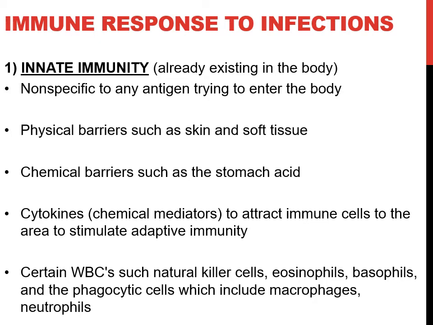And some of the white blood cells are part of the innate immune system, such as neutrophils. Don't worry if this doesn't make complete sense right now. It will later on. Okay? So think of the innate system as already set up. It's the skin barriers, the chemical barriers, and some cells such as macrophages and neutrophils that are ready and waiting for any potential invader.